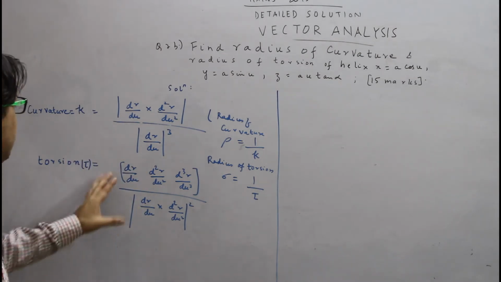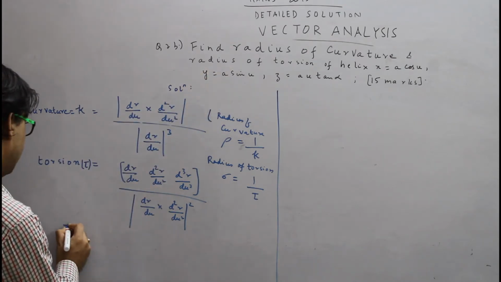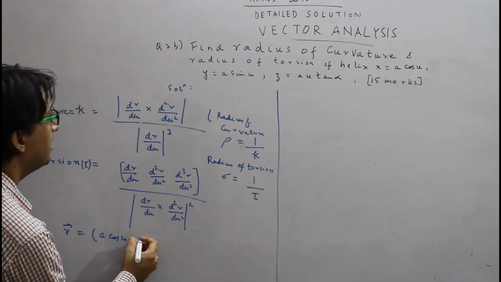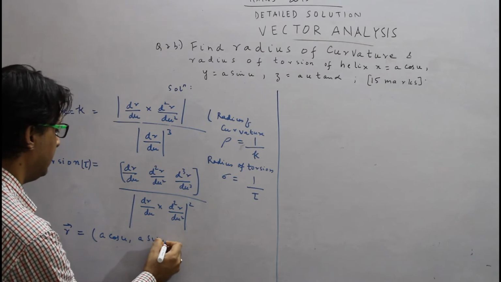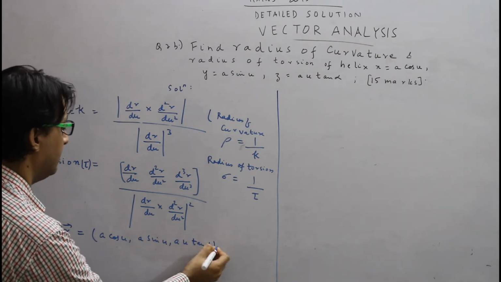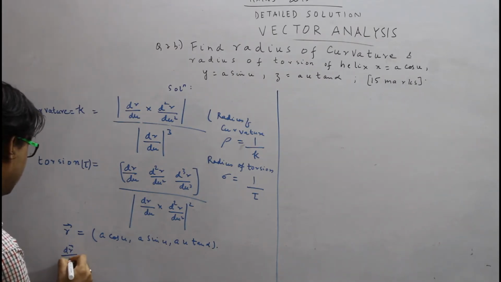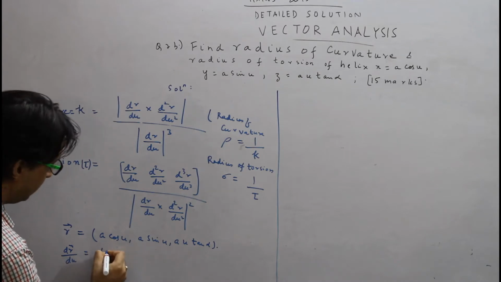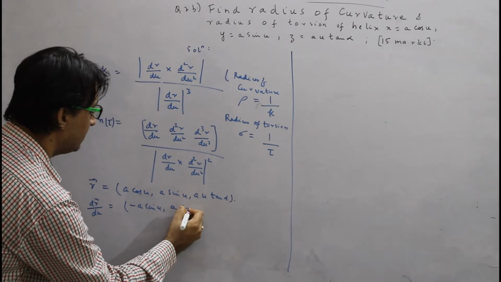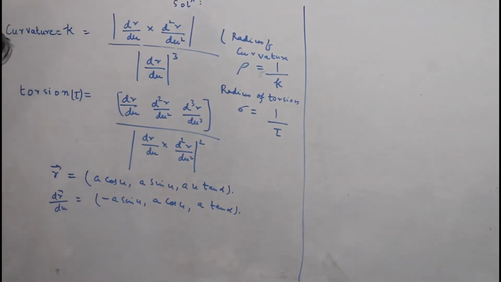Now we have to make some computation. We are given r, so we can write r as a cos u, a sin u, and z is au tan alpha. Now I will find dr by du. This is minus a sin u, a cos u, and a tan alpha.